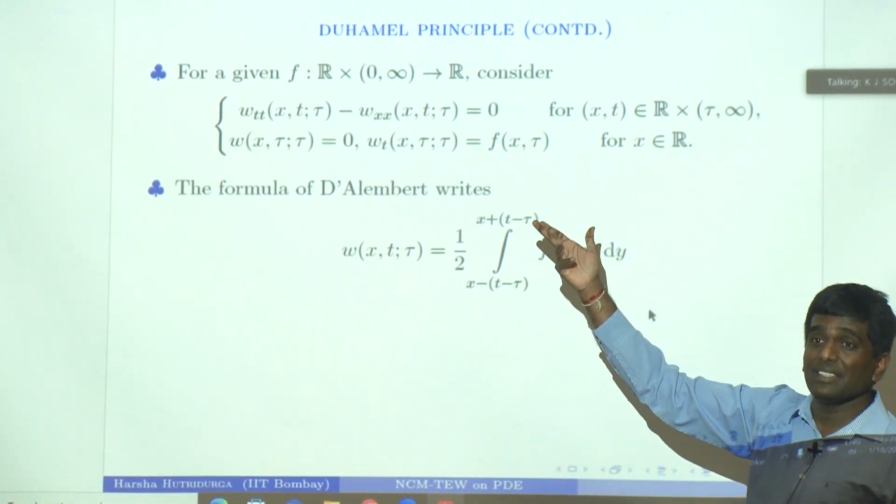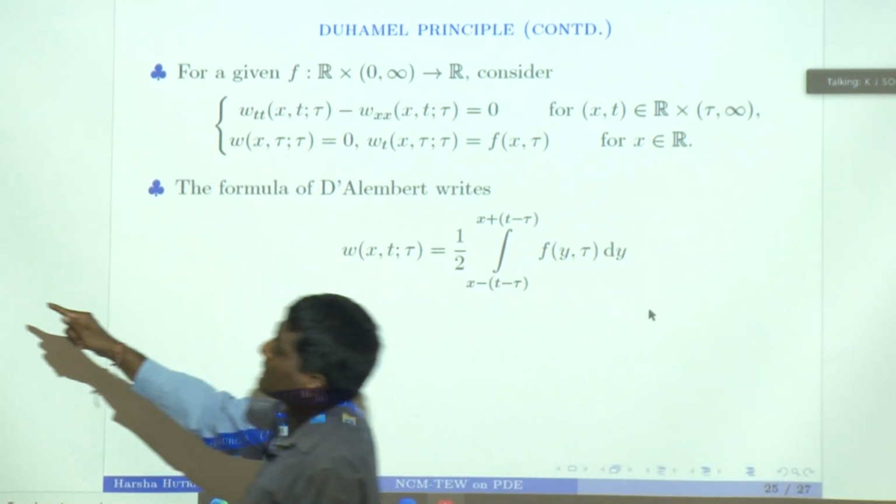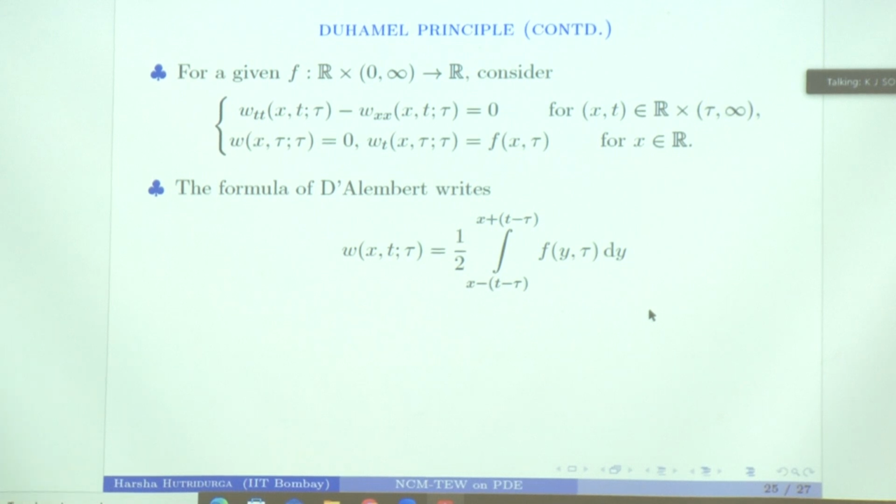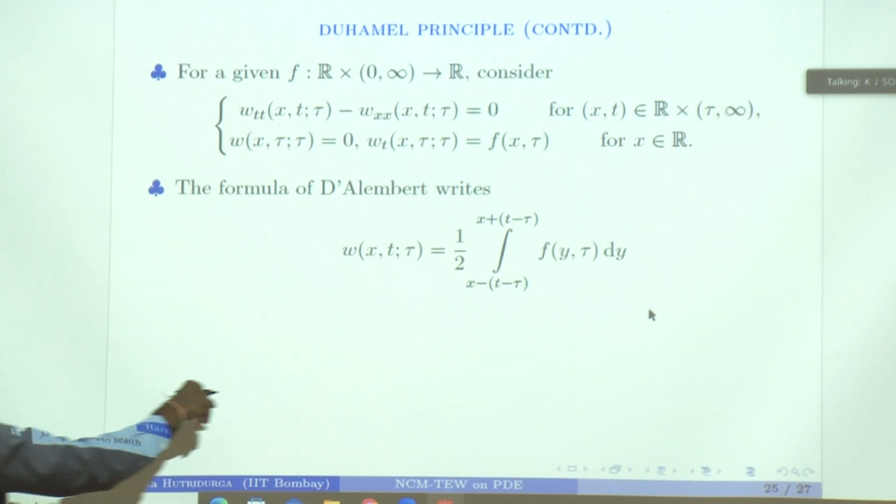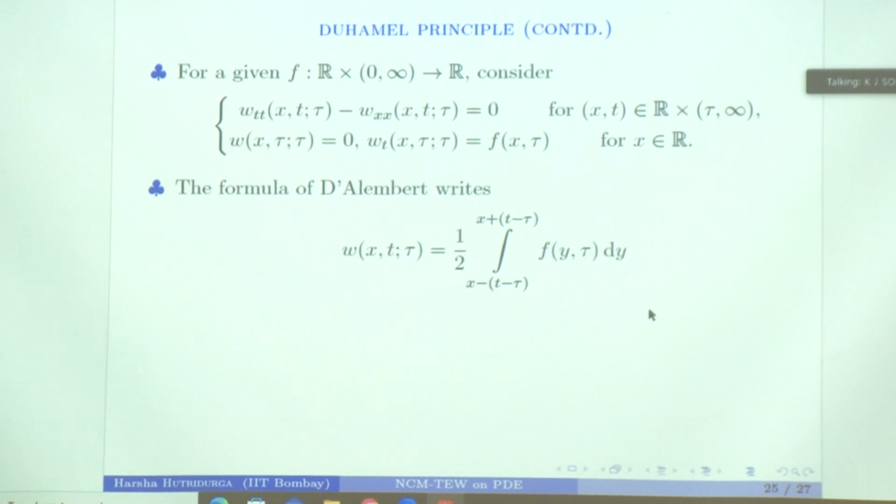Because where are you standing? Suppose you are standing at the point x comma t. When I draw those lines of slope 1, and this is the line t equals tau, it intersects at exactly the points x plus t minus tau, and x minus t minus tau, sorry.